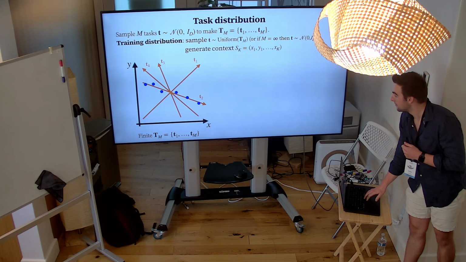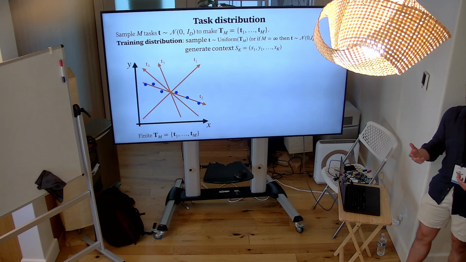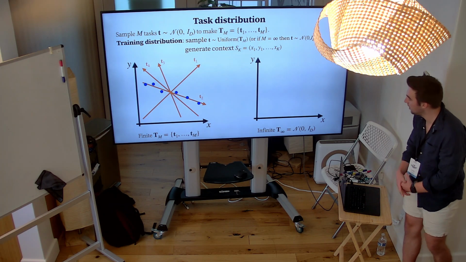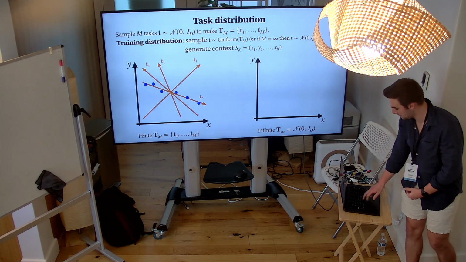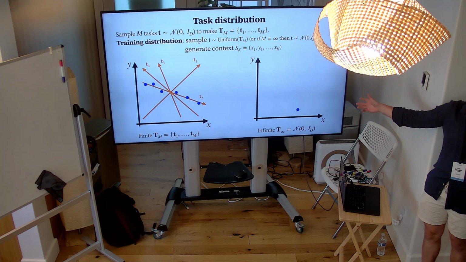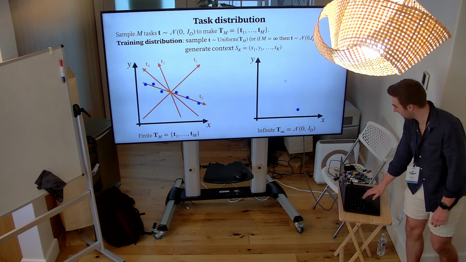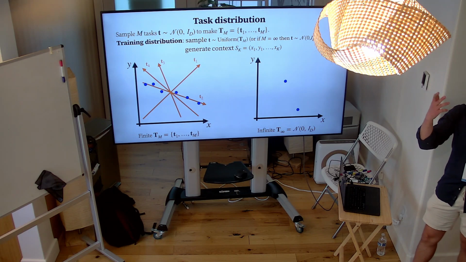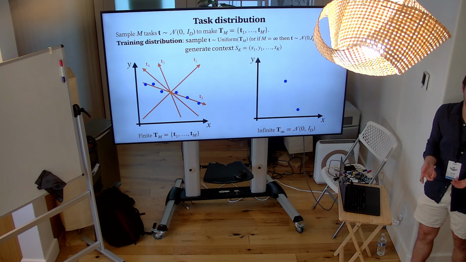Whereas if the training distribution was the infinite task case, then we've got a bit more of a problem, right? Because I give you a data point, what task are you going to infer from that single data point? Well, not very much. I give you a second one, and remember we're in 8-dimensional space here. I give you a second one and you go, oh yeah, okay.